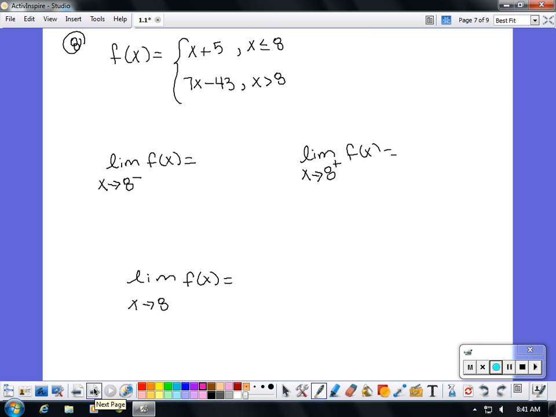All right, let's do this one without a graph. So the limit as x approaches 8 from the left. So if we're looking from the left, you're looking at the less than is left. So we're going to plug in 8 to the top function. So we get 8 plus 5, which is 13. If you're looking at the limit as x approaches 8 from the right, greater than is right.